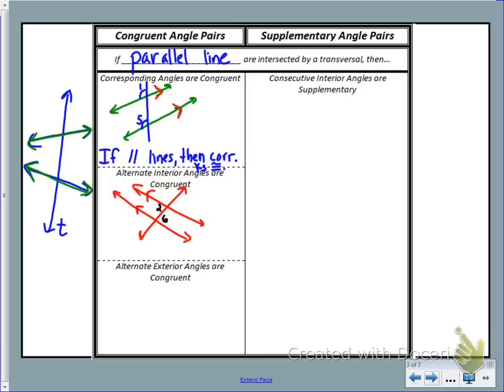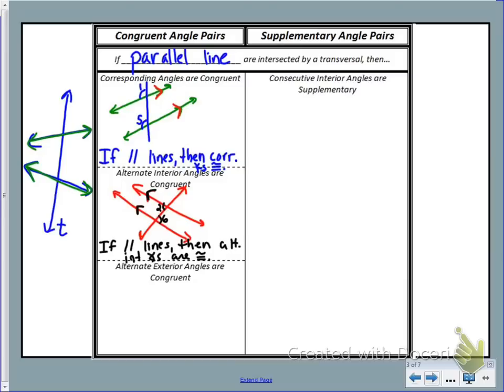If those lines are parallel, then we know that alternate interior angles will be congruent. The if-then form of that would be: if parallel lines, then alternate interior angles are congruent.